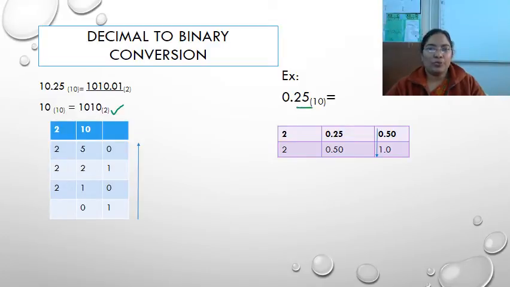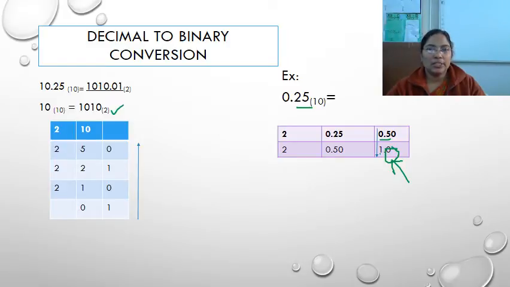Now after the decimal, 0.25 is there. So 2 multiplied by 0.25, how much? 0.50. So 0.50 multiplied by 2, how much? 1.0. After 1, 0 has arrived. That means it is a terminating number. So you can stop here and take the numbers before the dot from top to bottom.